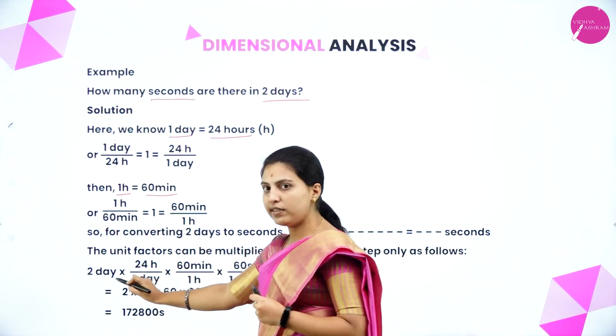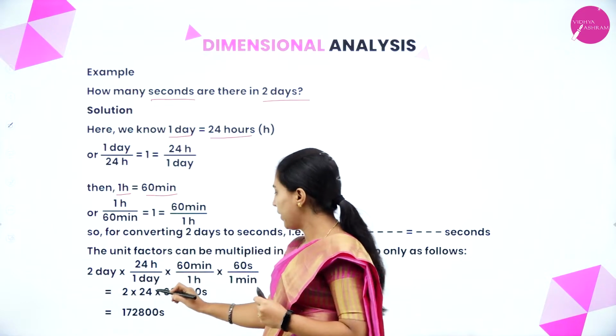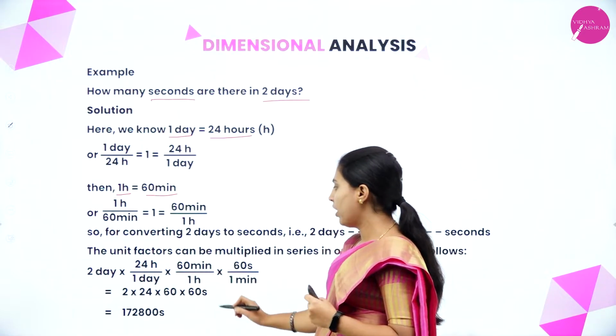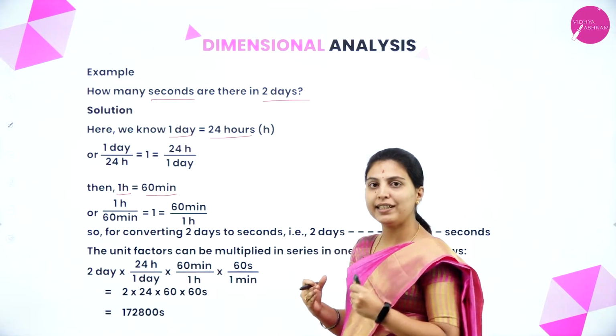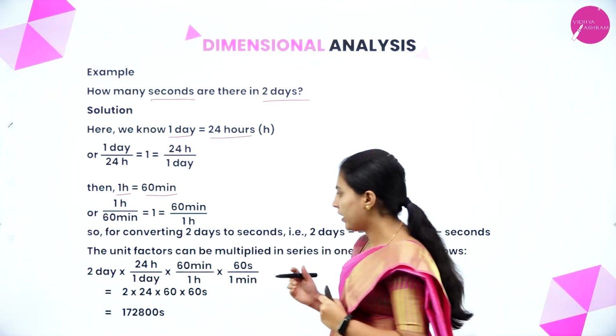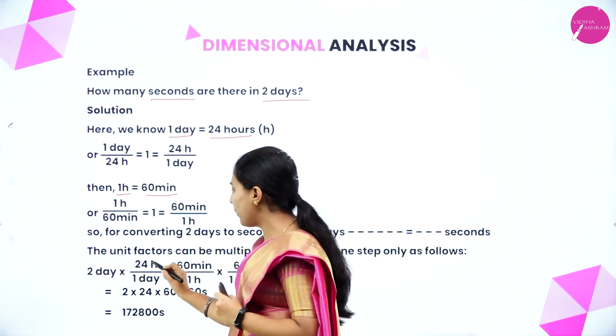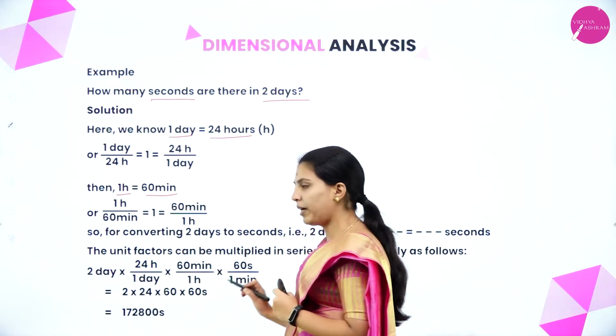Like this: 2 days, for 2 days, 24 hours per day, again 60 minutes per hour, 60 seconds per minute. You have to convert everything until seconds. Second is the unit for time, right? So 2 days into 24 by 1, 60 by 1, 60 by 1.